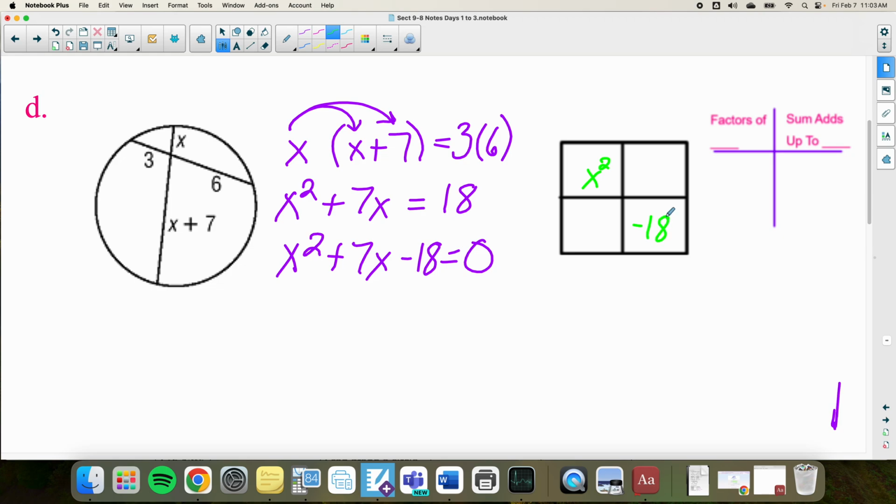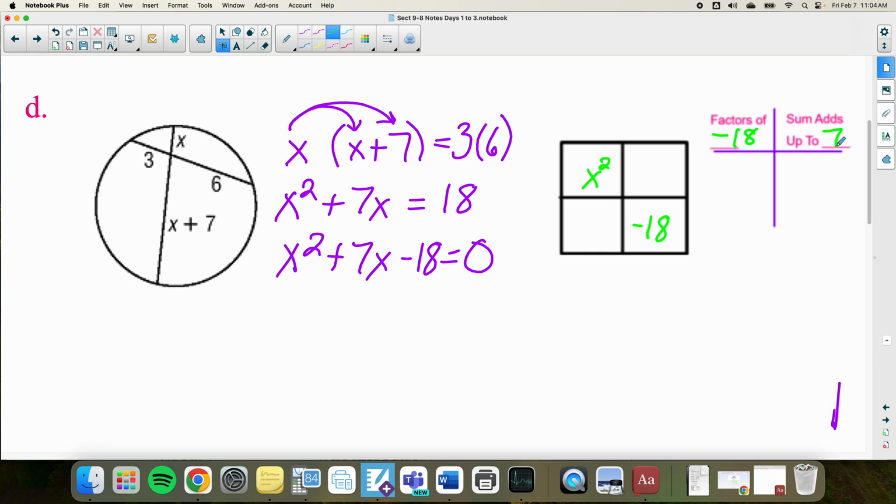Factors of negative 18 again. And then this one would be whatever is in front of the x with the sign. So that would be 7. Okay? And what we have to do here is think of two numbers that multiply to give us a negative 18, and they add to give us 7.